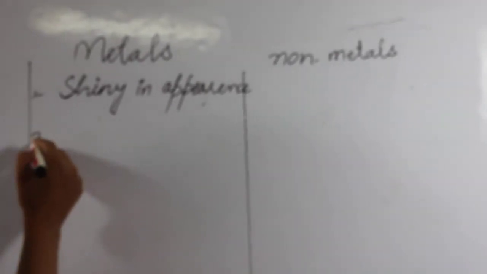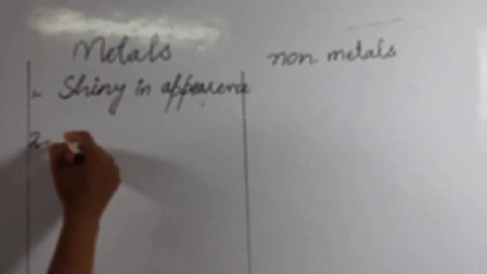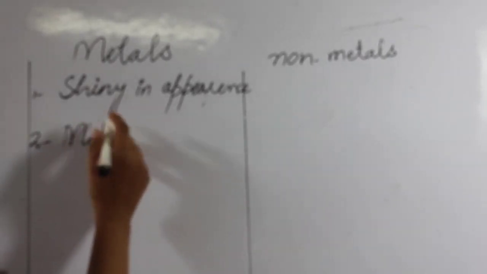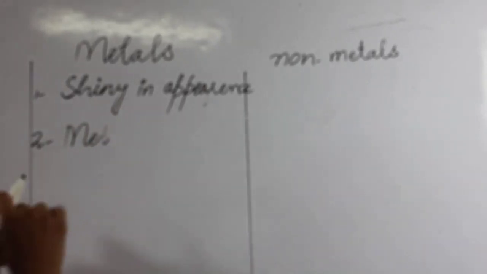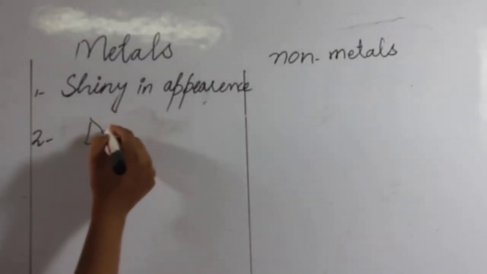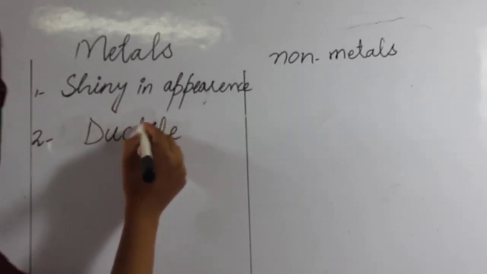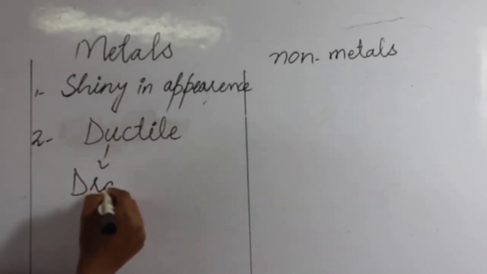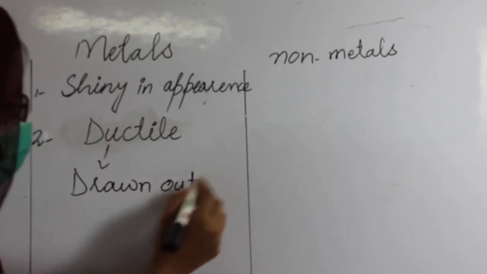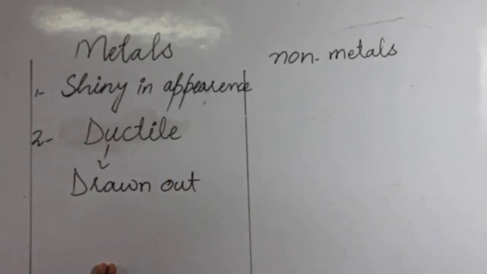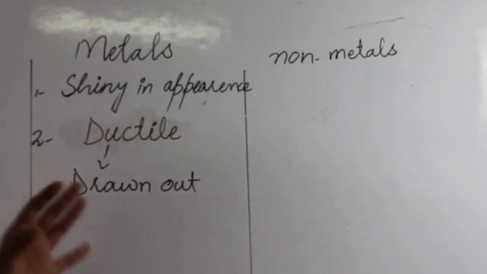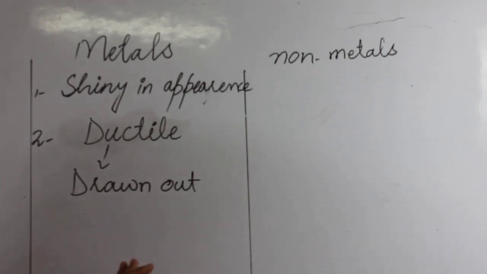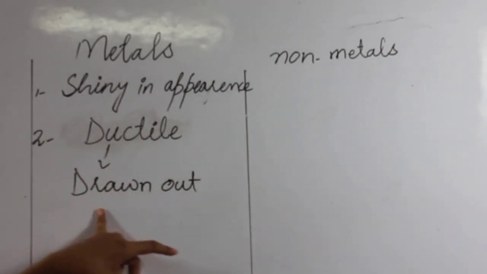And next one is metals are ductile. Now what is ductile? Ductile means drawn out.